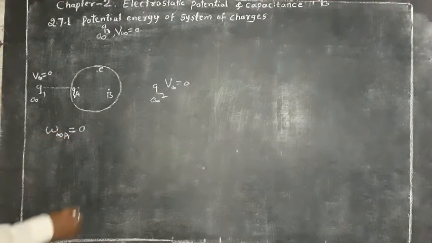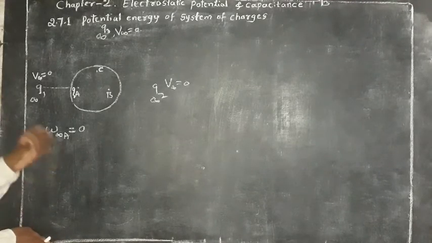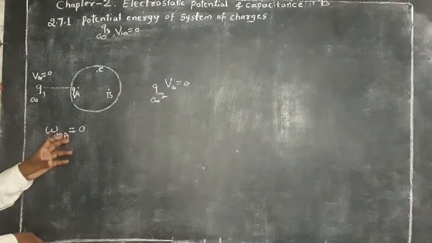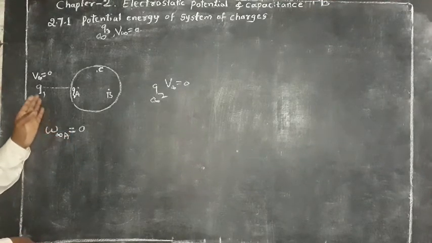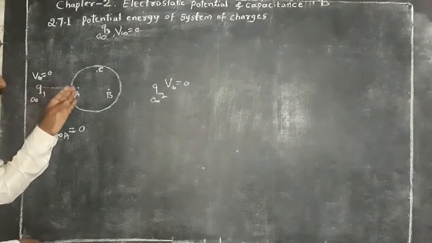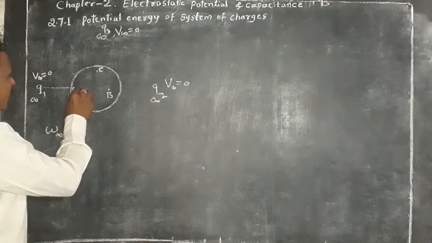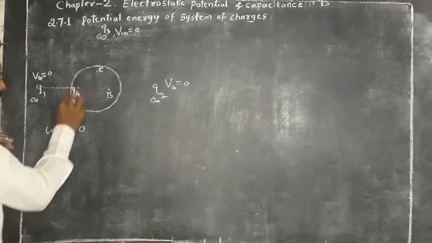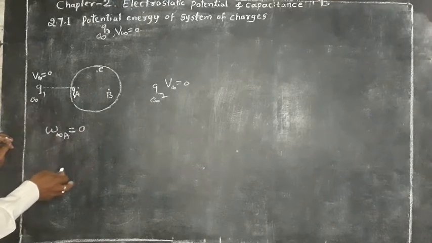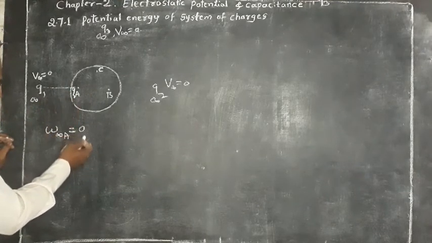If the work done is 0, then according to the definition, electrostatic potential energy is the work done in moving a charge from infinity to a point in an electrostatic field. There is no electrostatic field, therefore the work done is 0.